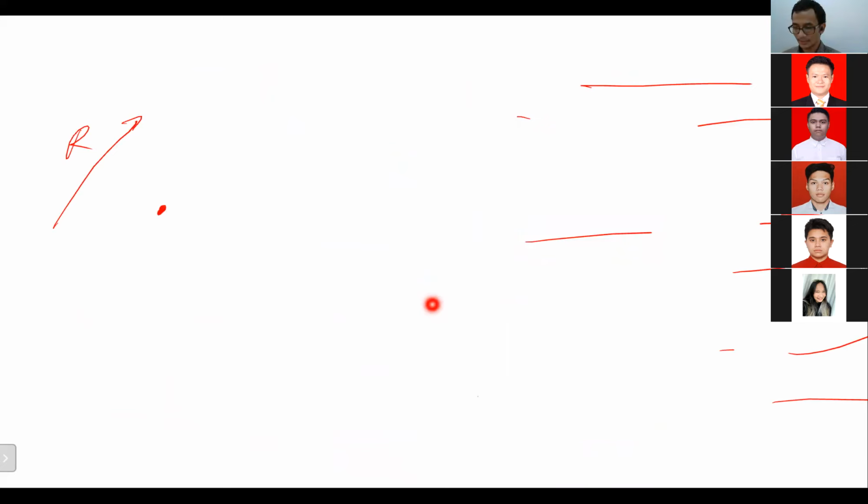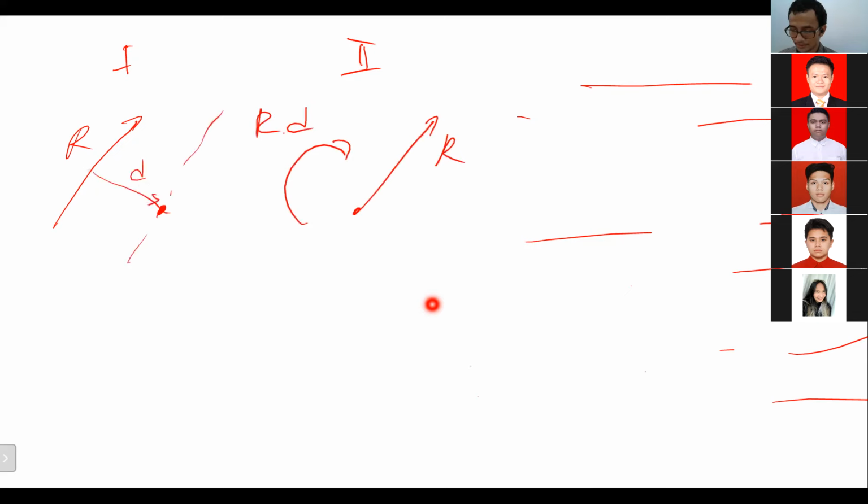Then this is the first one. The second one is I want to move R to point O. Then I move R to point O, and at the same time I will get a couple, R multiplied by D, where D is the perpendicular distance.